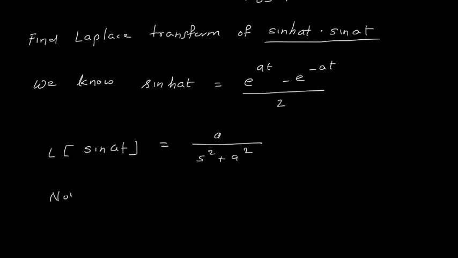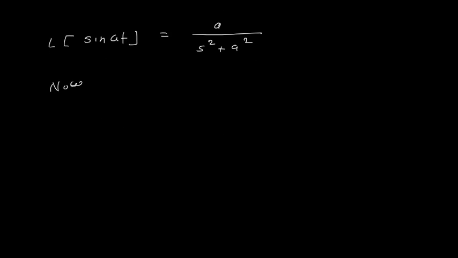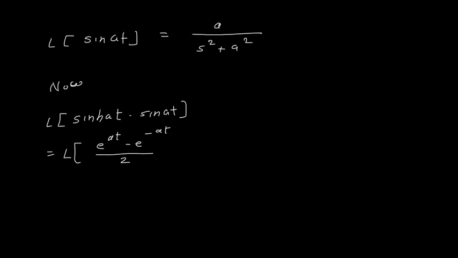Now, as e power at minus e power minus at upon 2 is for sine hyperbolic at, I will say that Laplace of sine hyperbolic at into sine at will be equal to Laplace of, now sine hyperbolic at we put its value, that is e power at minus e power minus at, whole divided by 2, into sine at.